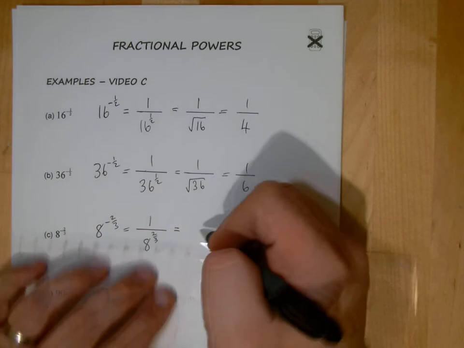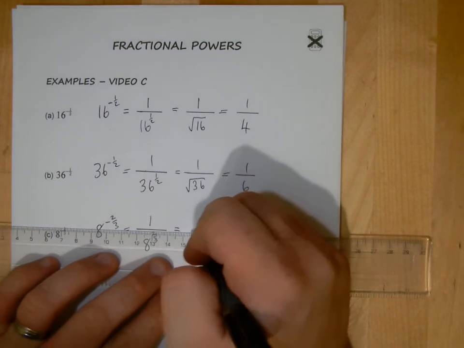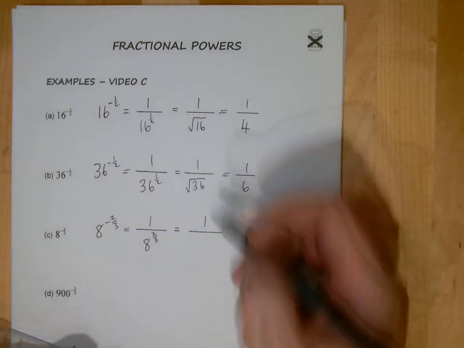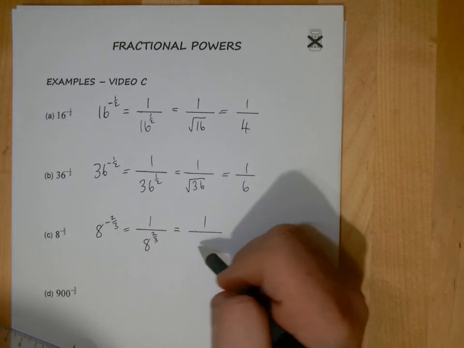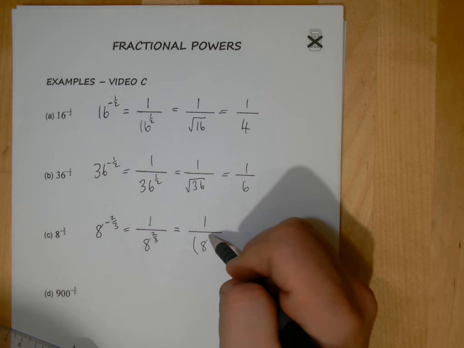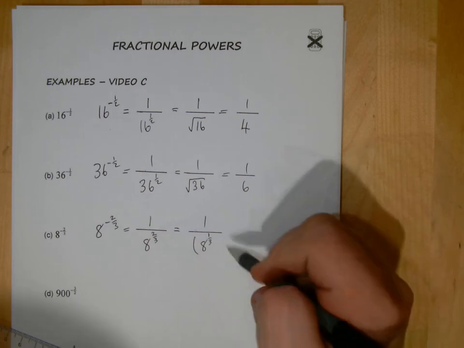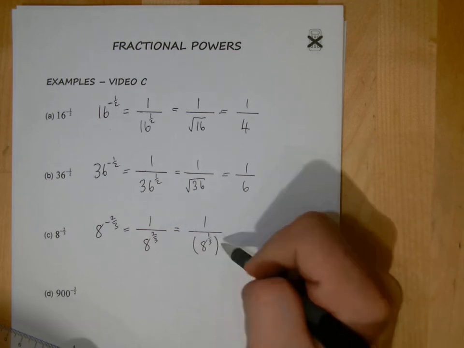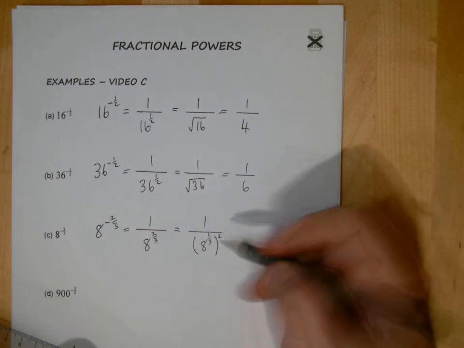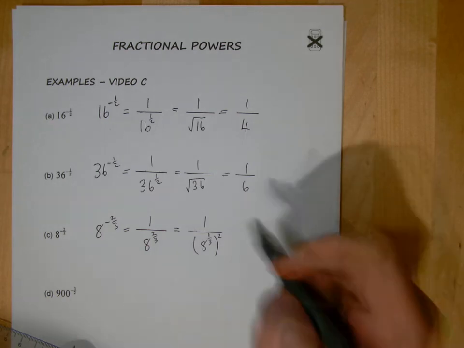So we'll put the 8 in a bracket, but instead of 2/3 we put the unit fraction 1/3. I haven't forgotten about that 2, so I'll close the bracket and put the 2 on the outside. That's what we saw in the last video.